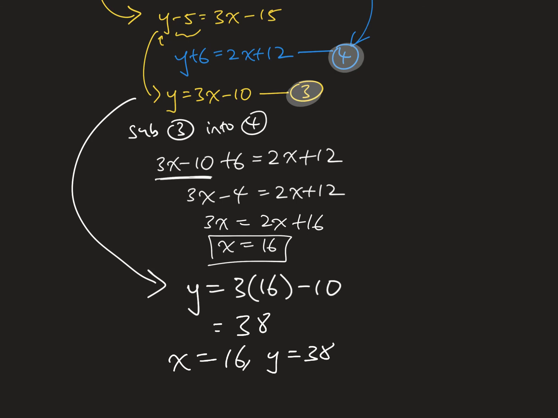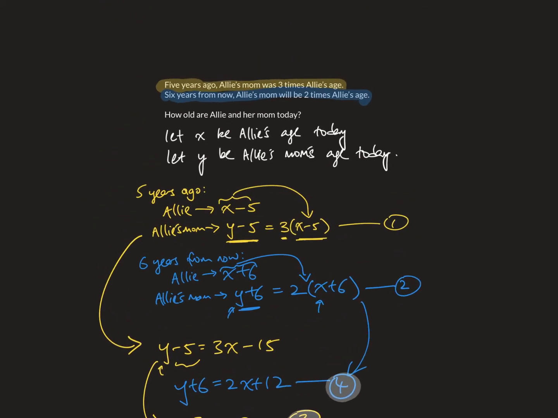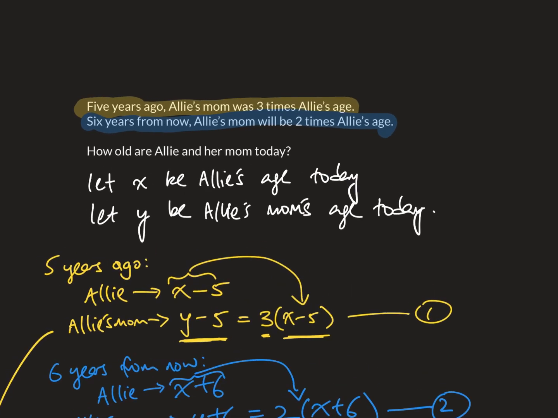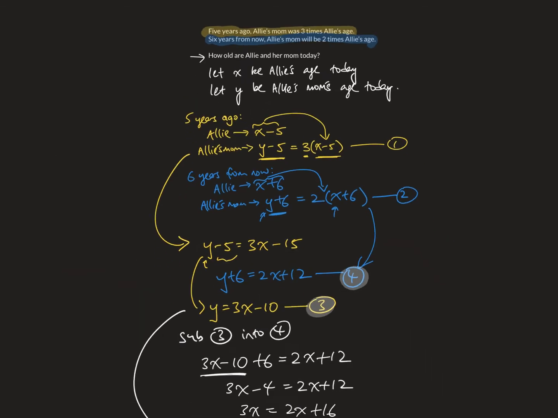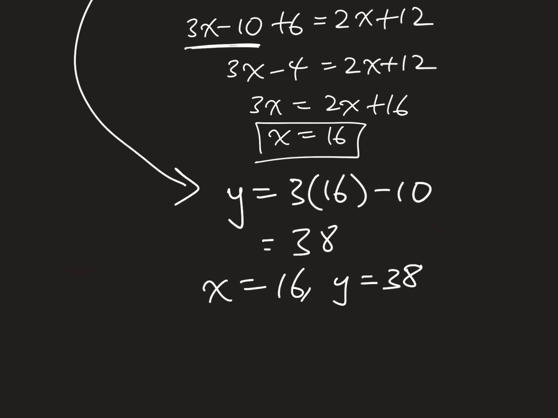But before we just shout for joy and leave the question, we have to see what x and y really were. x was Ellie's age today, and y was Ellie's mom's age today. And what are we solving for? We are solving for how old they are today. So actually we solved it. x is Ellie's age today. y is Ellie's mom's age today.